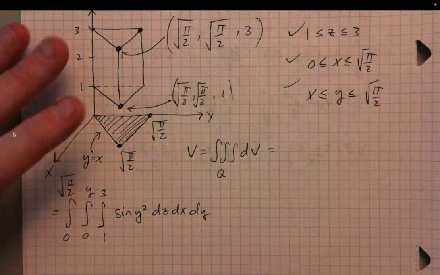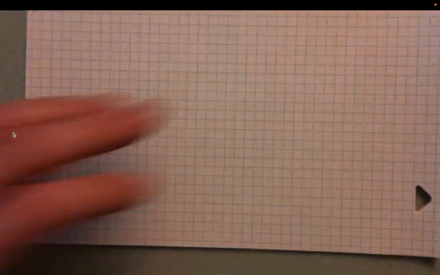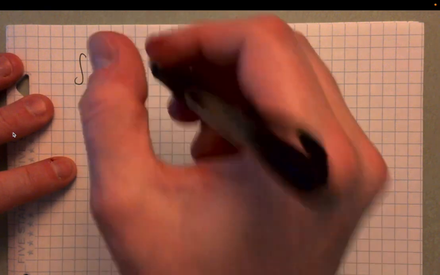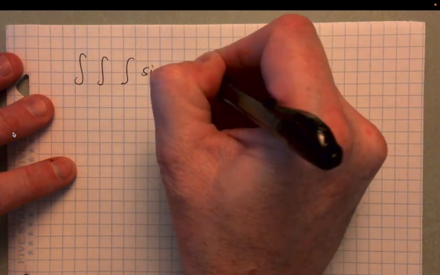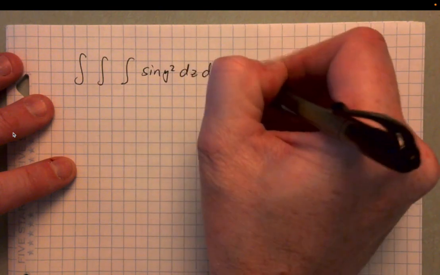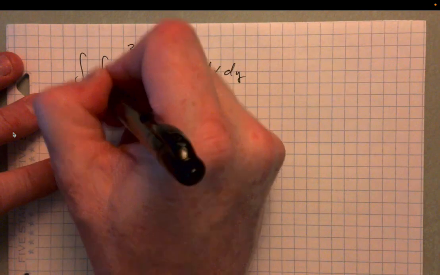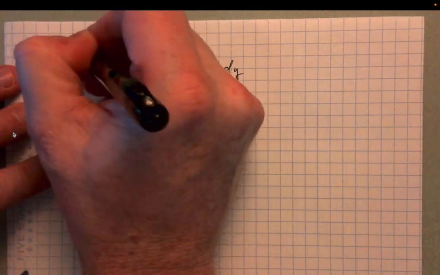Okay. All right. So let's do this on a separate sheet of paper. I'll rewrite the whole thing here. I've got the triple integral of sine of y squared dz dx dy, with bounds 1 to 3, 0 to y, and 0 to square root of pi over 2.